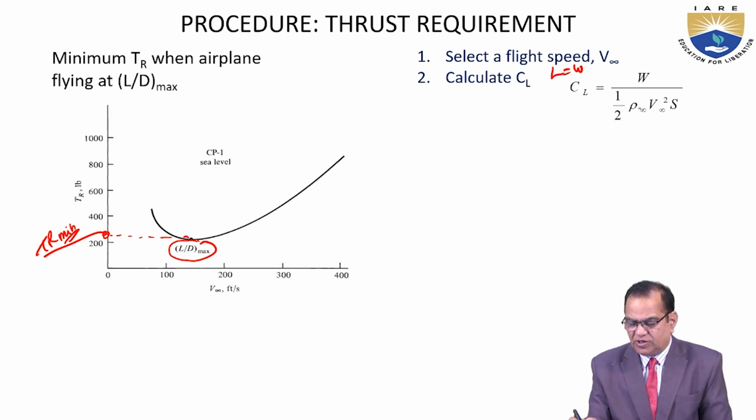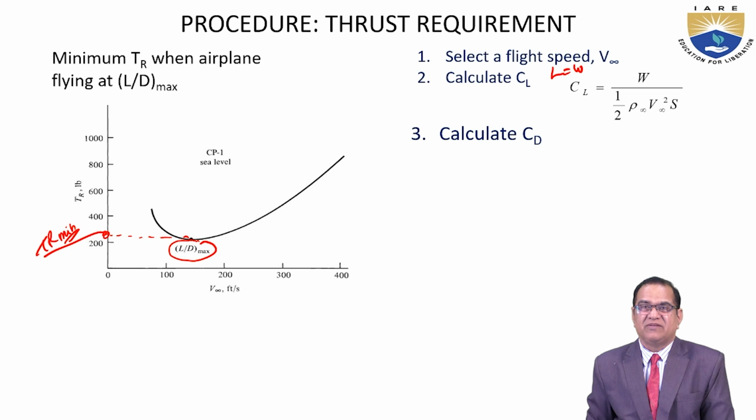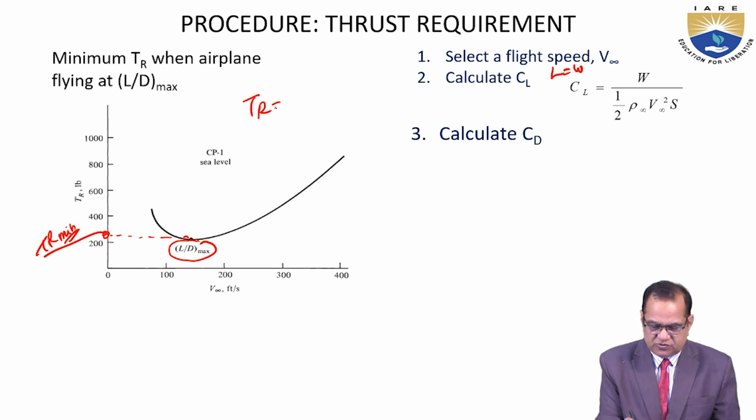So CL is equal to W by half rho infinity V infinity square, where rho infinity and V infinity are the density of the atmosphere and the free stream velocity of the atmospheric air. Then we have to calculate the CD, because we know that thrust required is equal to W by CL by CD.